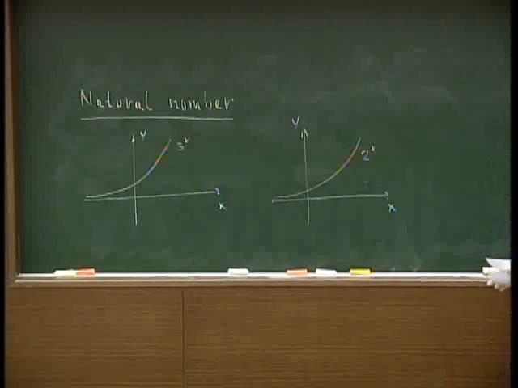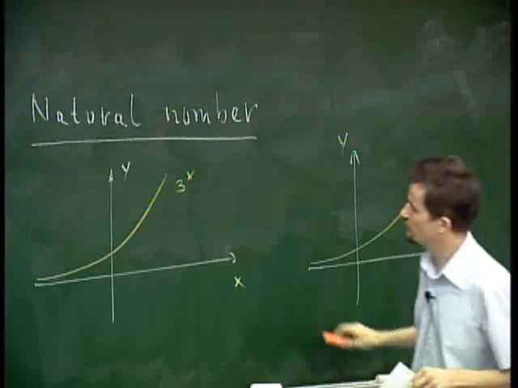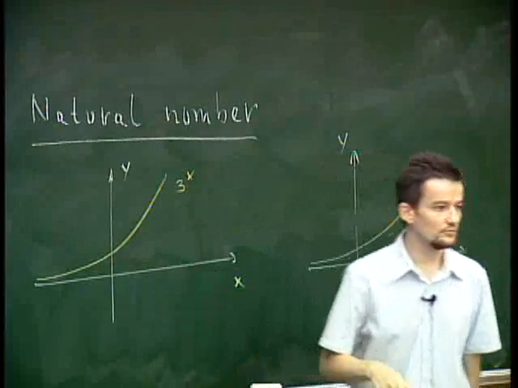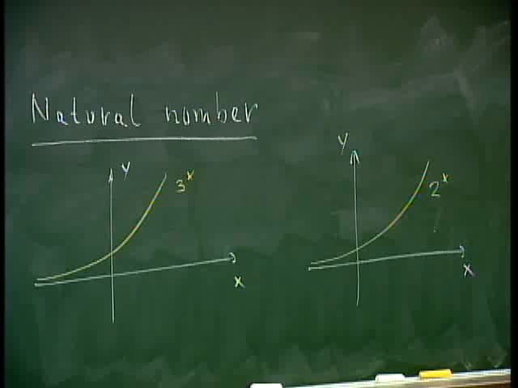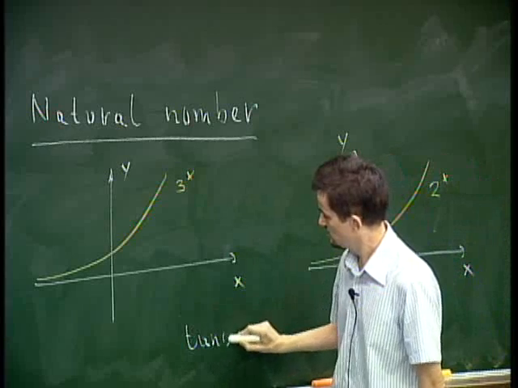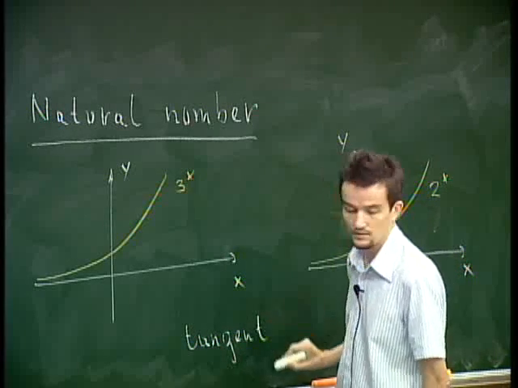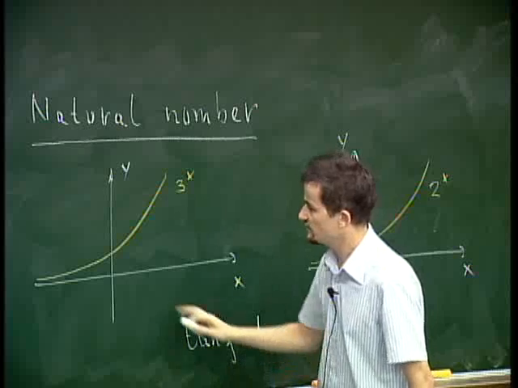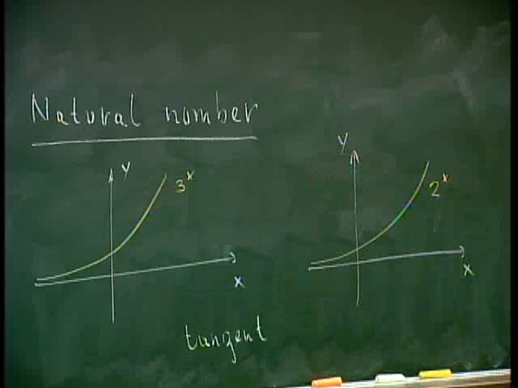Now, you see that, for instance, for this function 3 to the x, at 0 you will have a tangent. We will define tangent later on. You know this word, tangent? So you see that this function at 0 has a tangent.